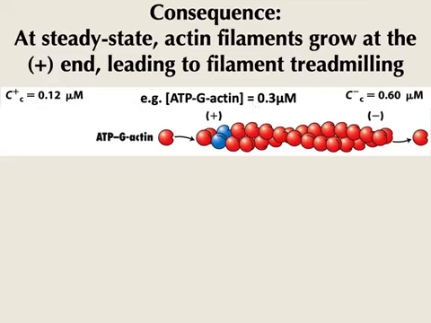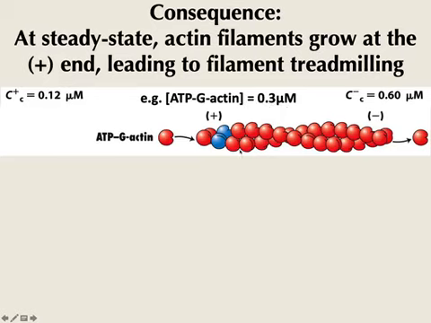Everything was determined in vitro, but one key question is what's the situation in cells? So in cells, the estimated amount of available ATP G-actin is about 0.3 micromolar, smack in between the two critical concentrations, right?